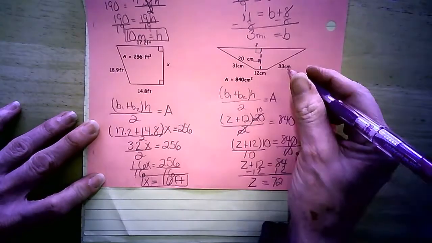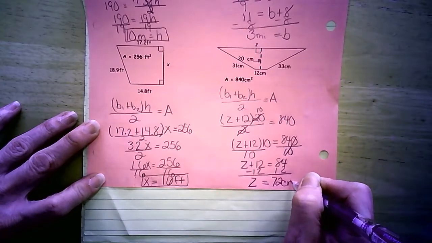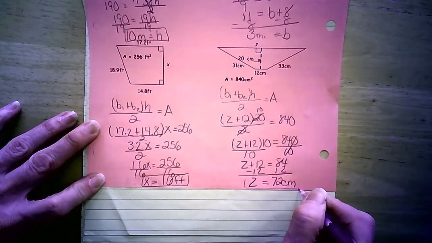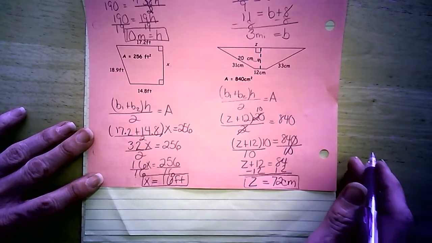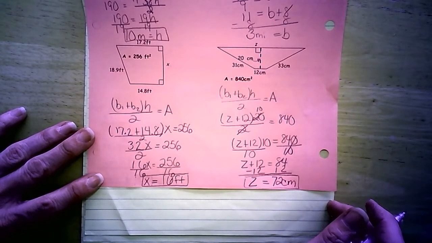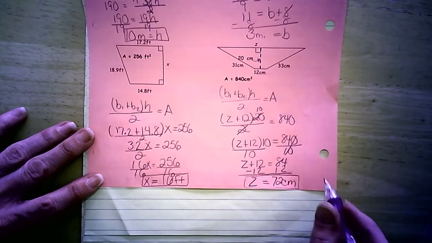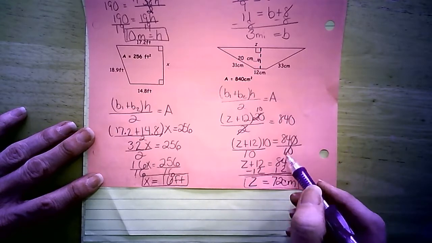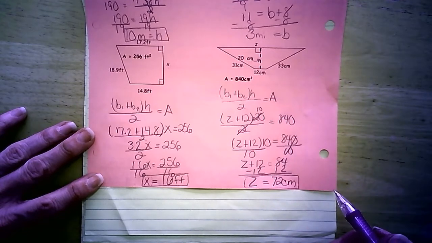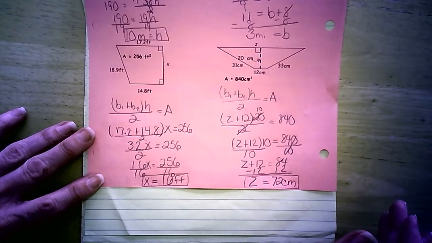I check my units, it's centimeters. All right, so there you go. This is going to be the type of homework assignment that you're going to want to reference your notes, because they're a little tricky when you're finding the missing side, whether it's a base or the height. So make sure you grab these and you'll be in great shape.